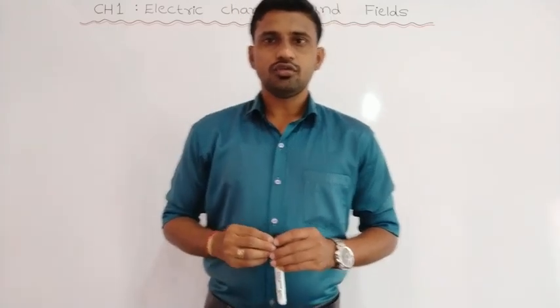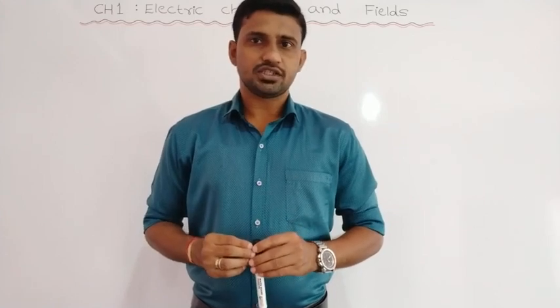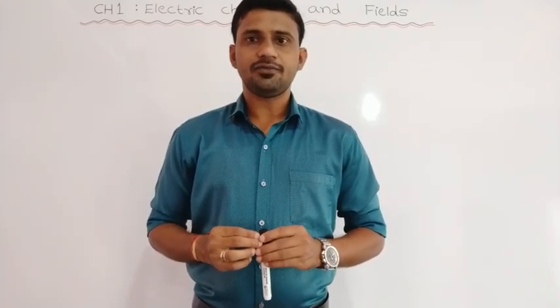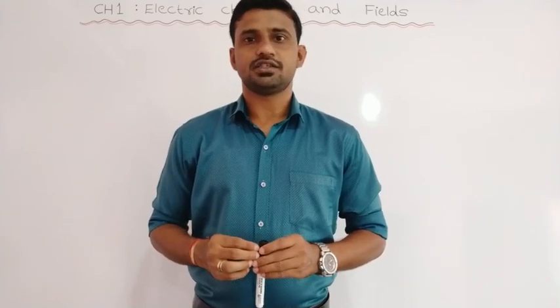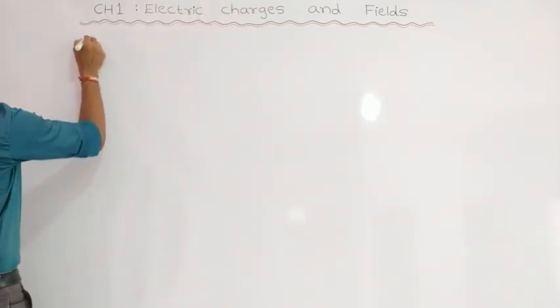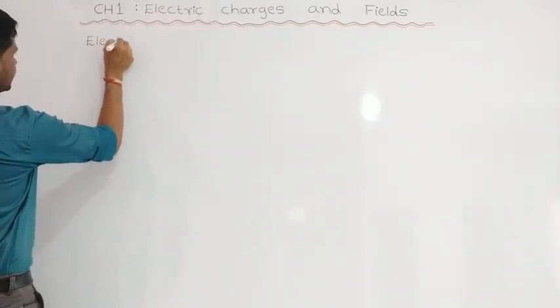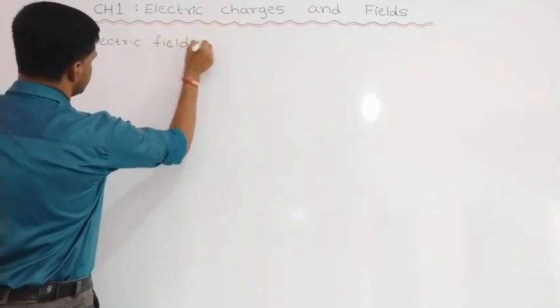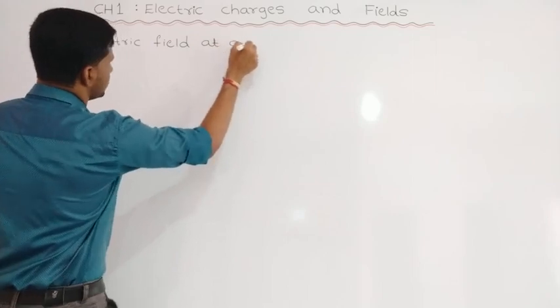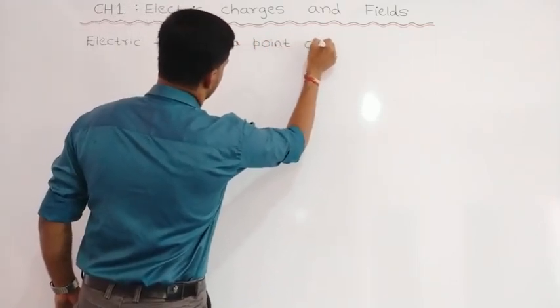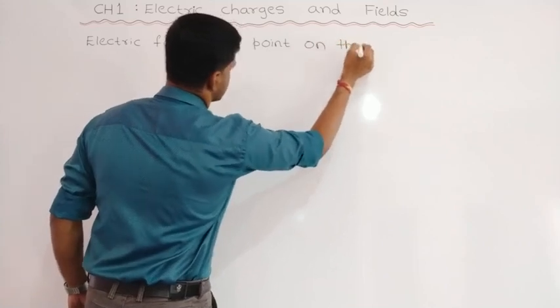Now we are going to derive the electric field in two different cases. Let us discuss the first derivation, that is nothing but the electric field at a point on the dipole axis.